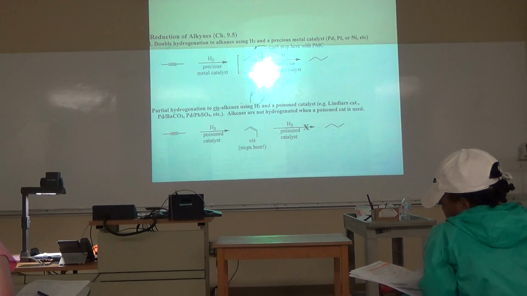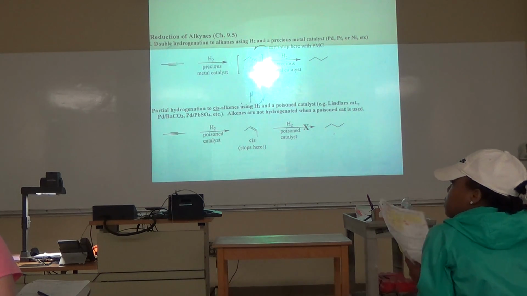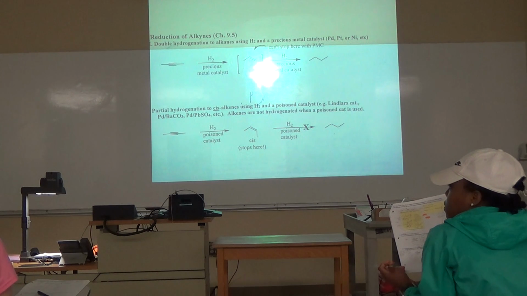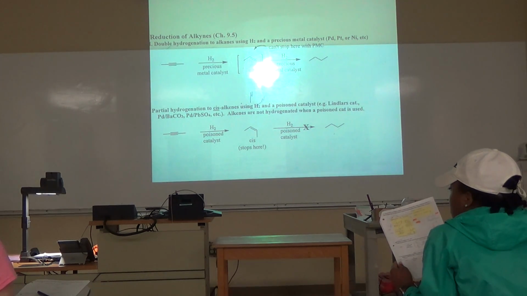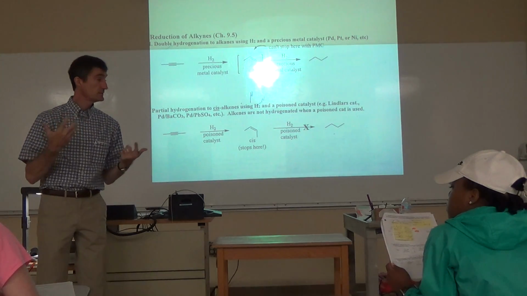Okay? Do you know how to make alkenes? We go the other way. So start with an alkene and hydrate it. Do you know how to make alkenes? Yeah, more specifically, by what conditions?